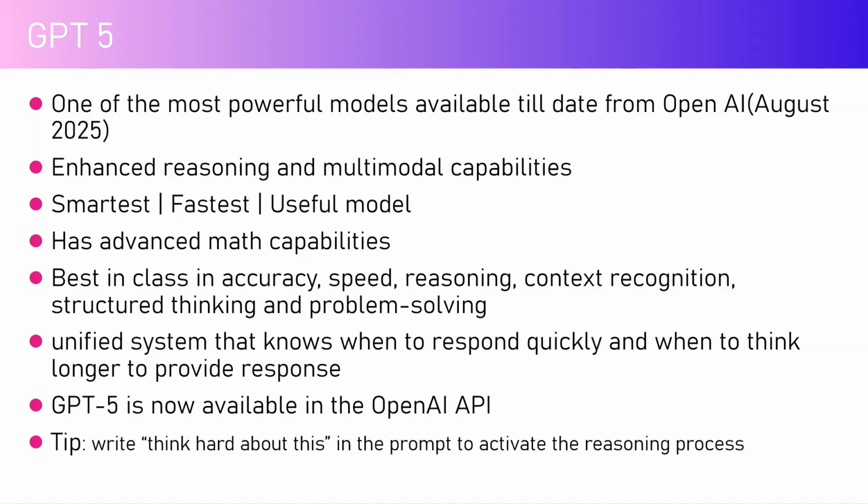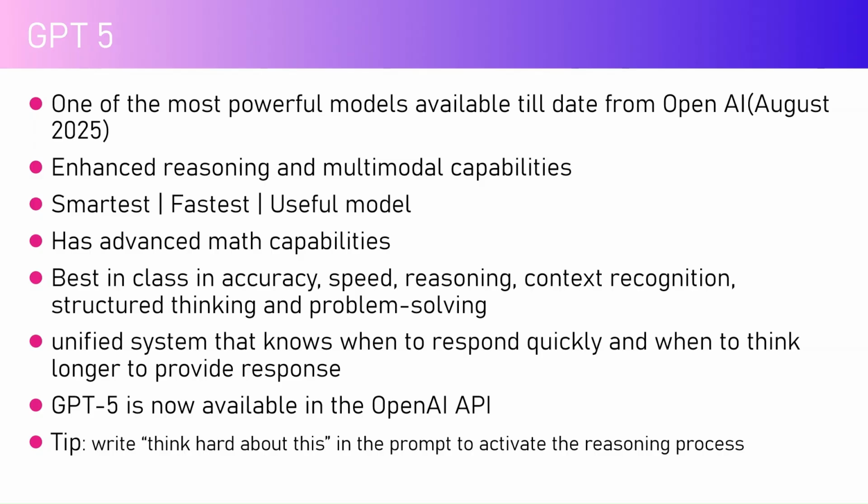Now, the GPT-5 model is a unified system that knows when to respond quickly and when to think longer to provide a response. So as we know, GPT-5 is a reasoning model. Now GPT-5 comes in multiple flavors. Not necessarily every time do you need to ask a question which involves the reasoning process.